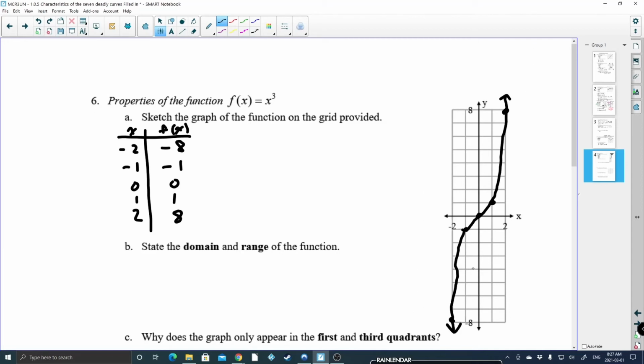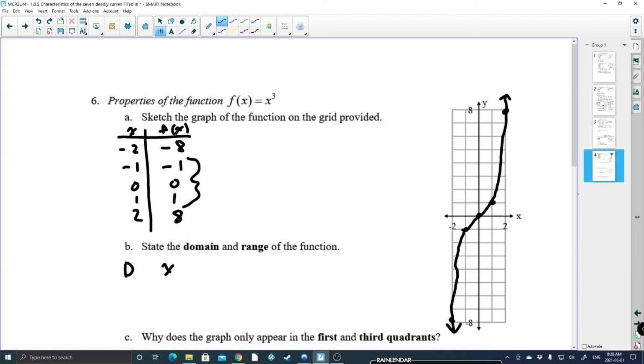So this graph continues forever in both of these directions. Eventually students are probably good enough to just use these 3 points to know what the cubic graph looks like, but I do recommend you go to -2, because otherwise it's going to look like a straight line going through 0, 0 here. So the -2 and the +2 just give you that curved look to the graph.